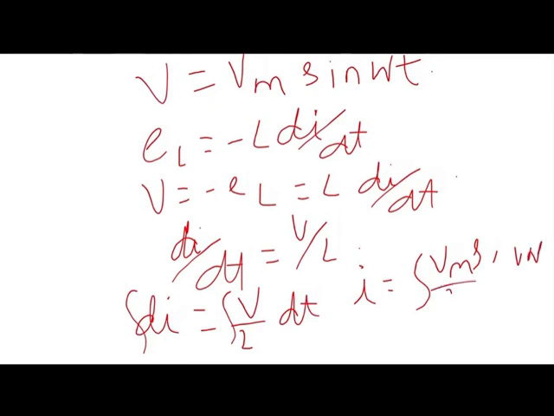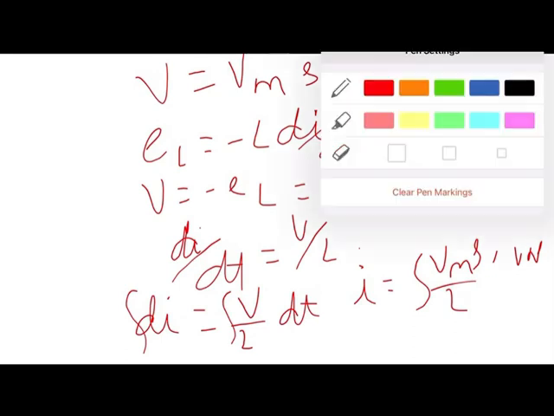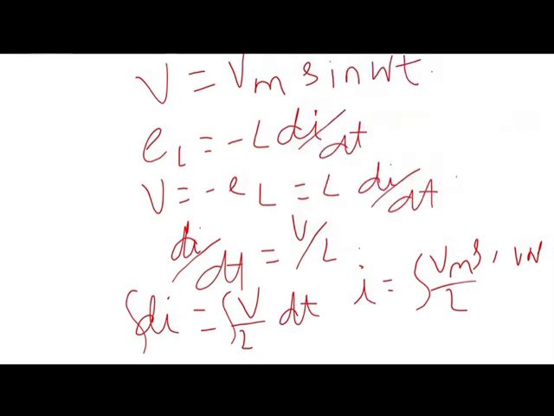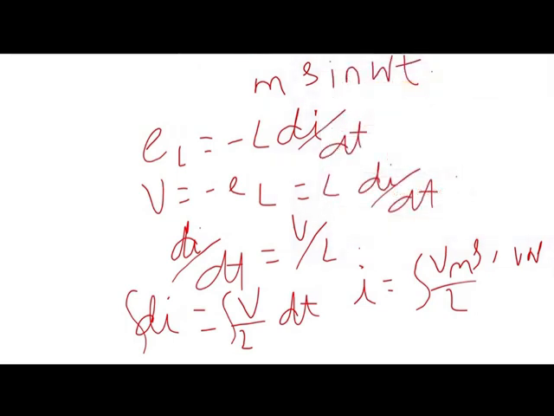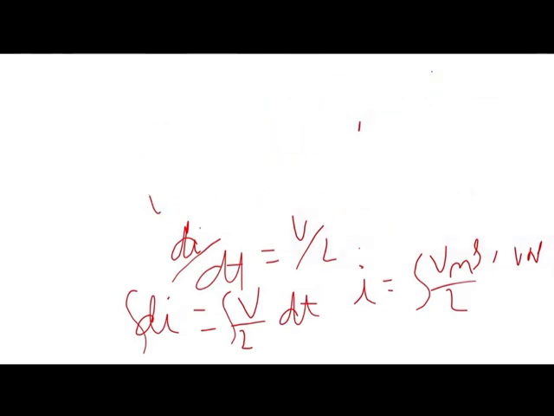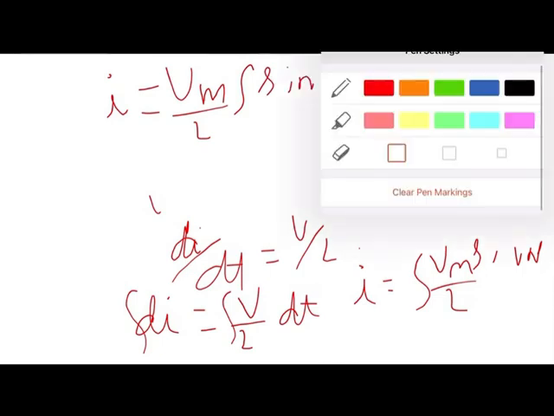So from this we can write the equation for the current. Your I will be equal to, so Vm is constant and L is also constant, we can take them outside, it will be the integration of sine omega t.